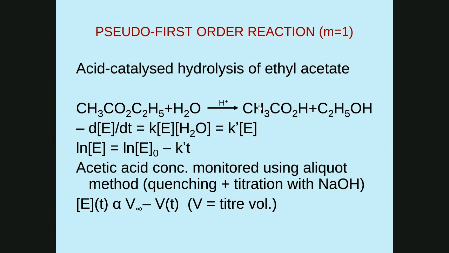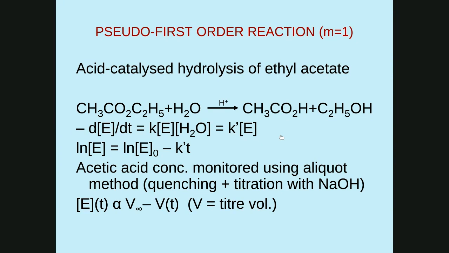Then, in the course of time, you will find that you need more and more sodium hydroxide to reach your titration endpoint, because more and more of the acetic acid is being generated as time goes on. So you sample your reaction mixture at set times, using 5 mls each time, and titrate with sodium hydroxide.